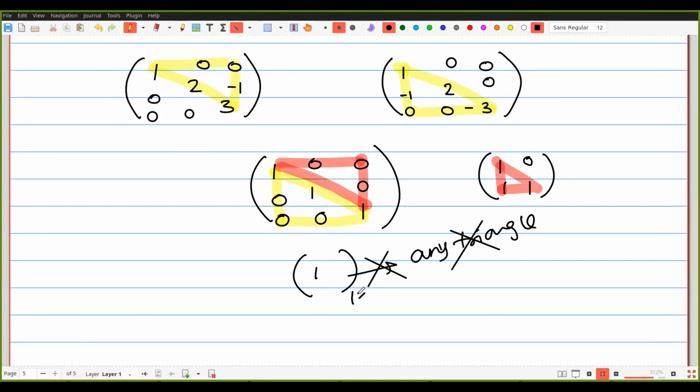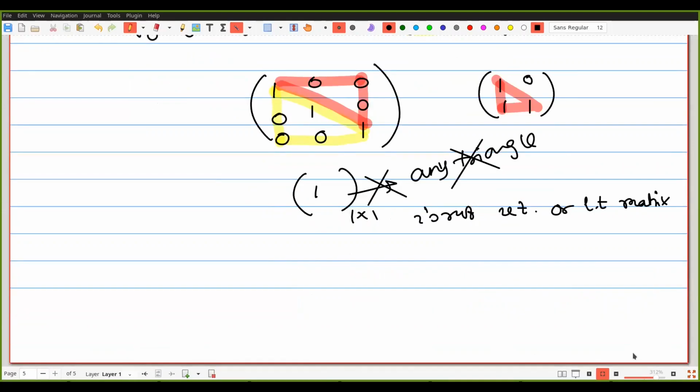So 1 cross 1 is not an upper triangular UT or lower triangular LT matrix. For any lower or upper triangular matrix, the order must be at least 2. So it has to be a square matrix, except order 1, starting from order 2, and then the condition follows.